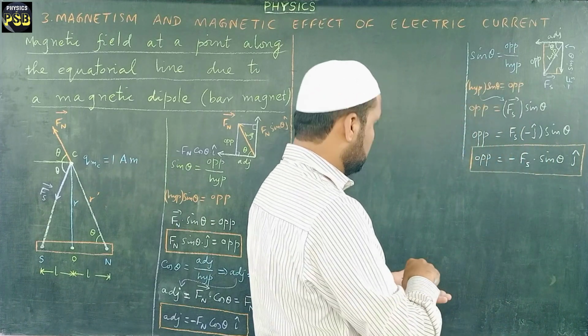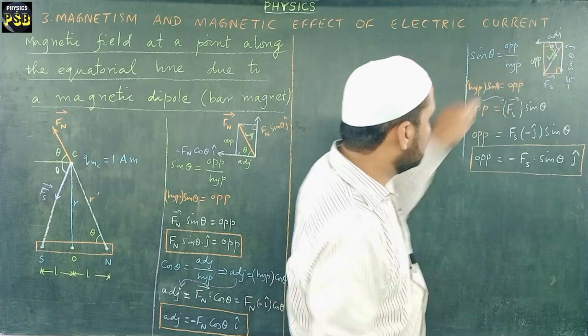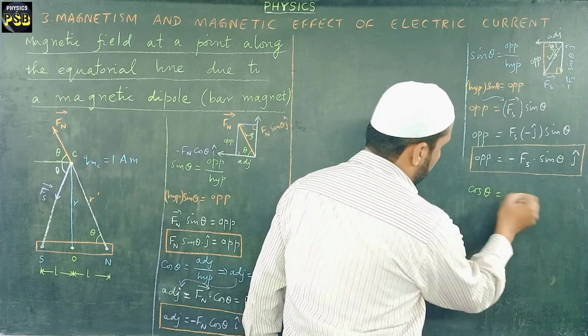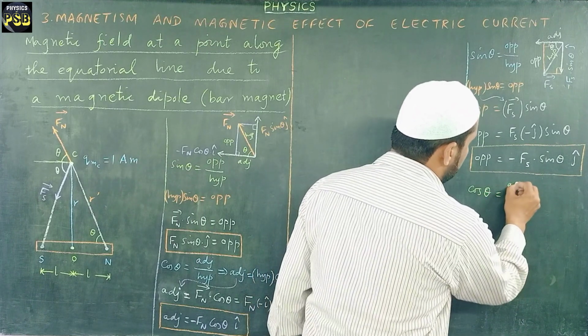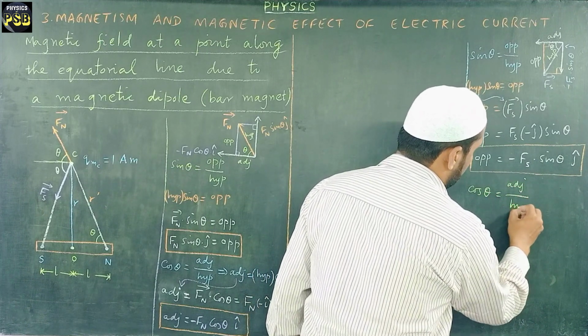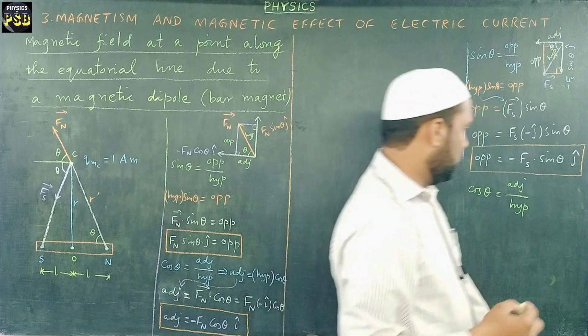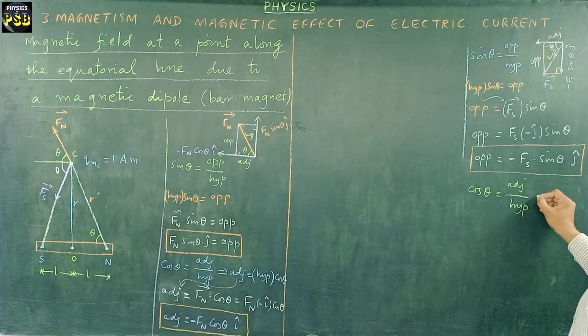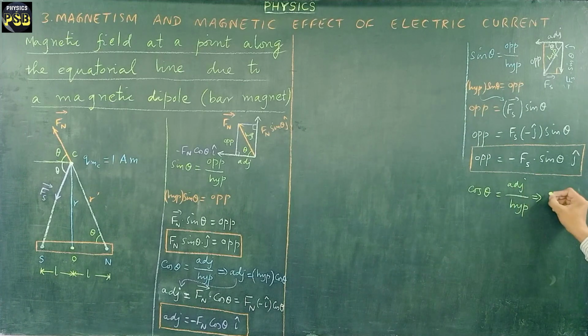Then to get the horizontal component, use this. Cos theta equals adjacent side divided by hypotenuse. Right. Here, adjacent side, what is the adjacent side?